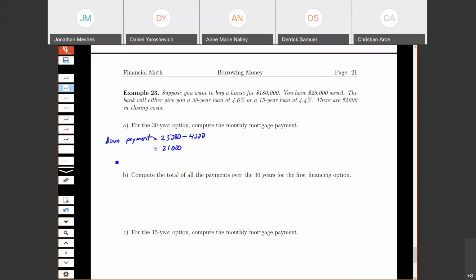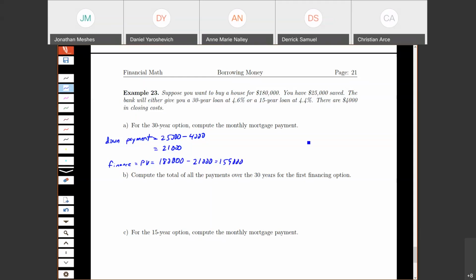The amount that I have to finance, my borrow amount, is $180,000 minus $21,000. So I'm borrowing $159,000.